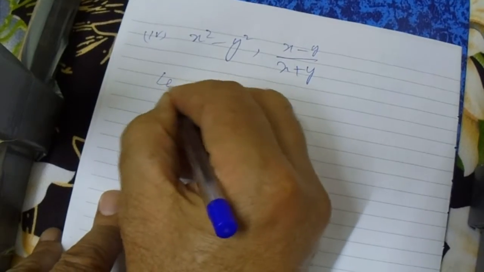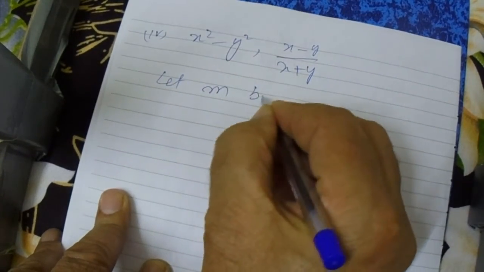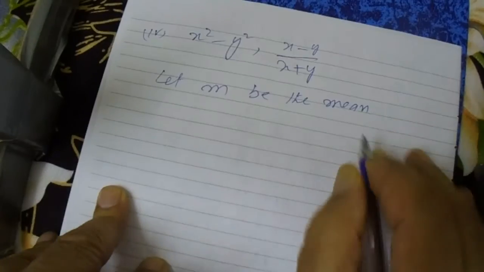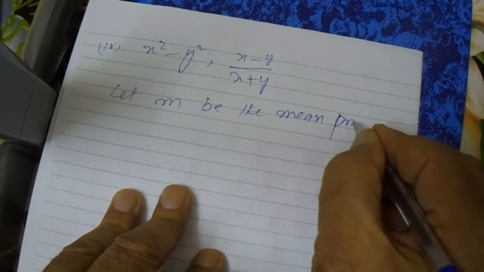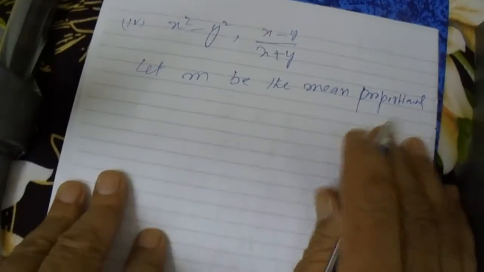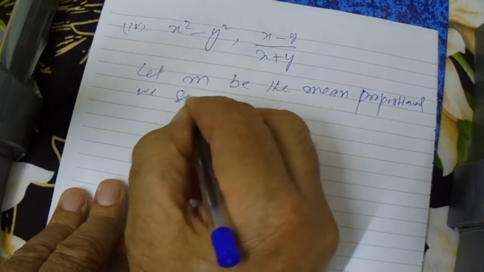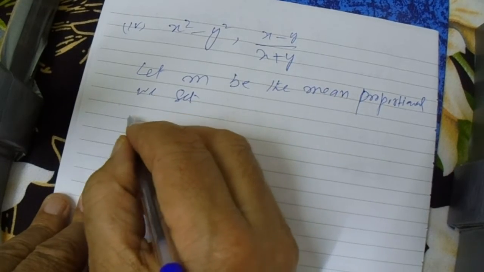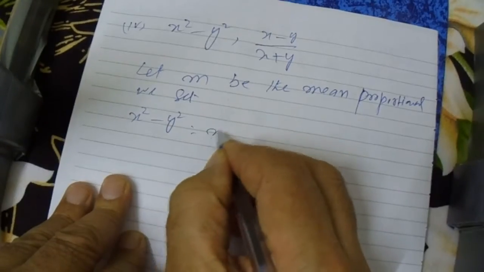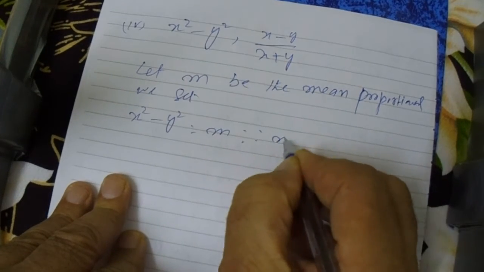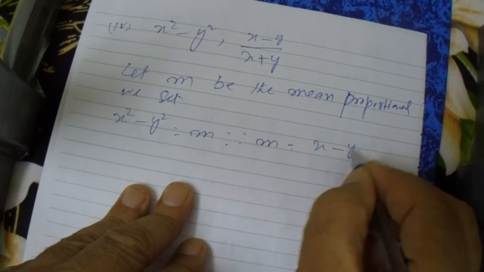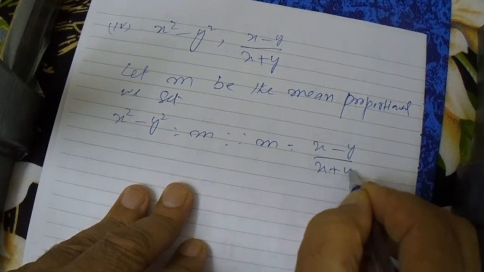We again let m be the mean proportional. Now write x square minus y square, ratio m proportional m, ratio x minus y over x plus y.